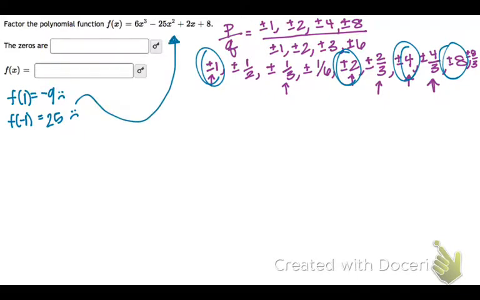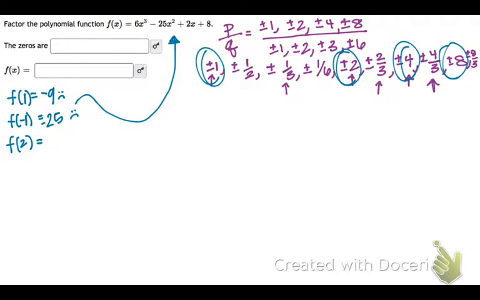Okay. Let's test 2. So if I do 2, 6 times 2 cubed minus 25 times 2 squared. Oh, wait a second. I might have done this one wrong. Oh, sorry, guys. Oh, this is actually negative 25.